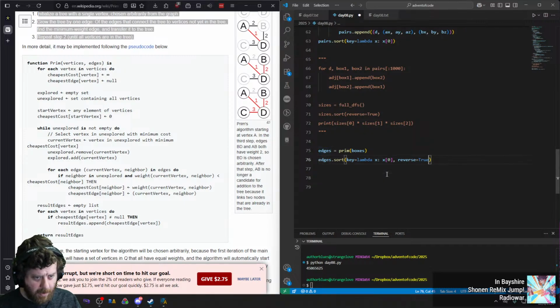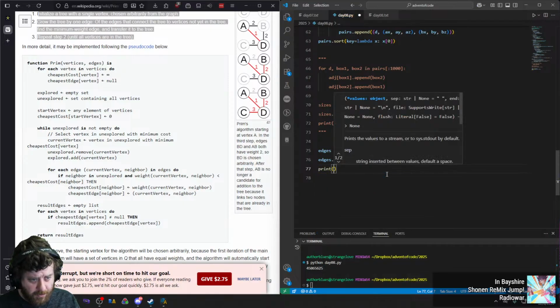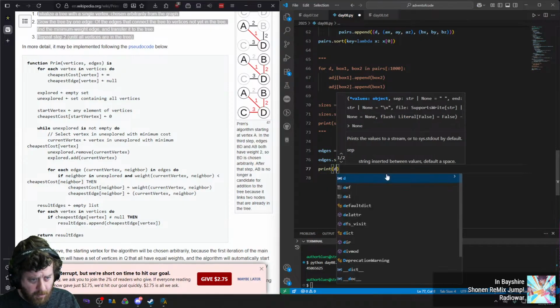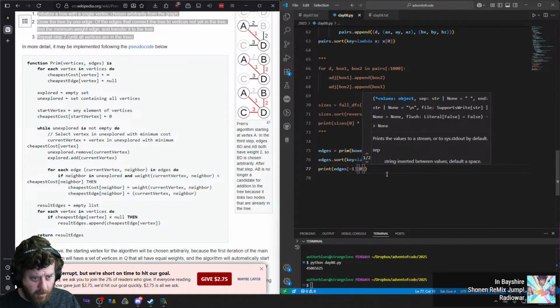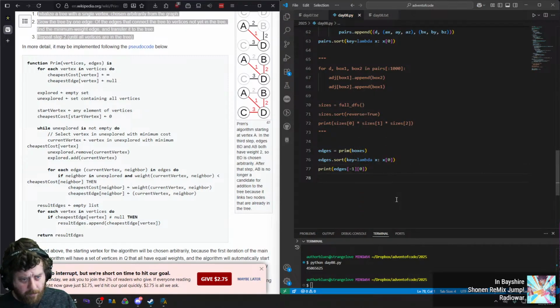I mean, it doesn't really matter. I don't have to reverse it. Last is print edges -1, 0. That's the cost of the most expensive edge.